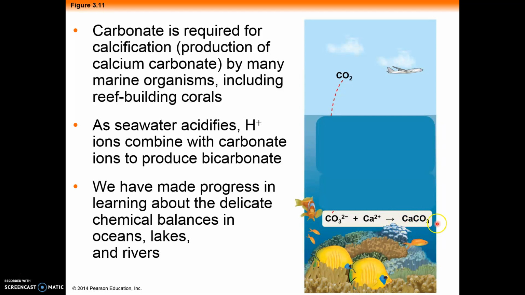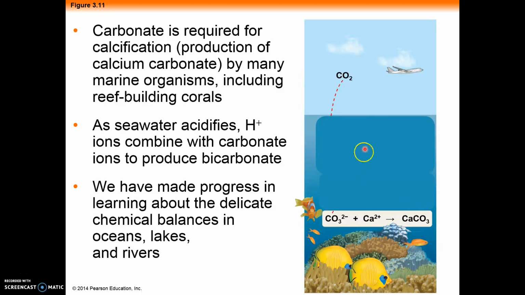This is a solid material in water, and they can build protective shells out of it. This is actually the exact same thing we do to strengthen our bones. We take carbonate ions, combine them with calcium, and produce calcium carbonate, which is why we need calcium for strong bones.